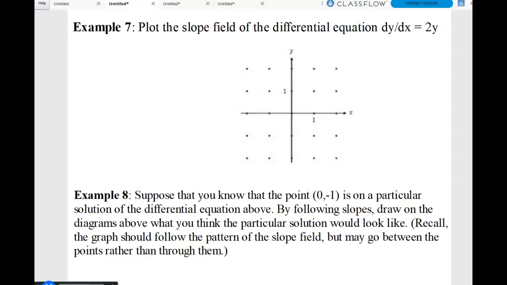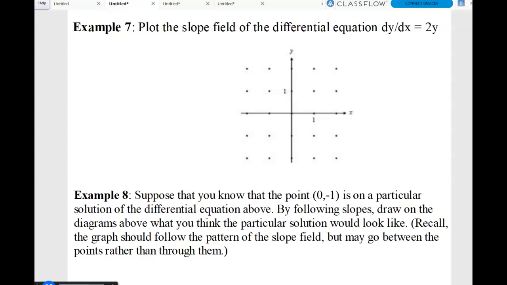So what isn't changing then? The x values are not part of my slope. Therefore, the only variable affecting it is the y's. In the last one, the x's and y's both changed the slope field, so there was no pattern.